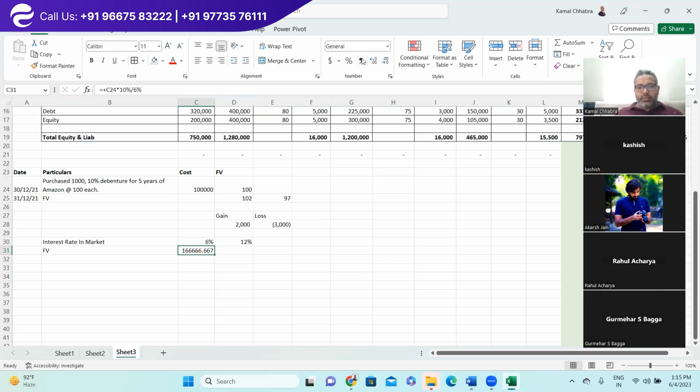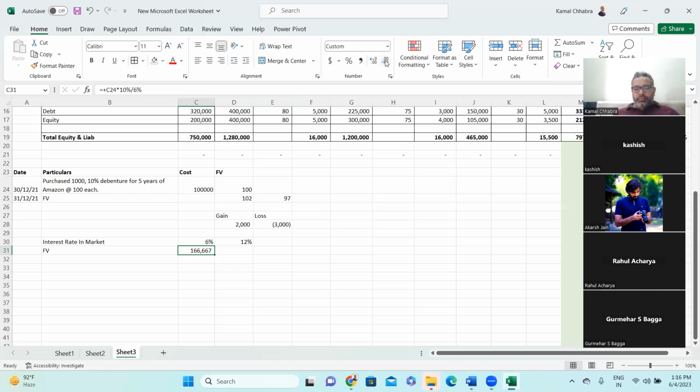Something like this, right? Does that make sense? If you are giving a 10% interest rate and the market interest rate is 6%, that means the fair value would be 166,667.